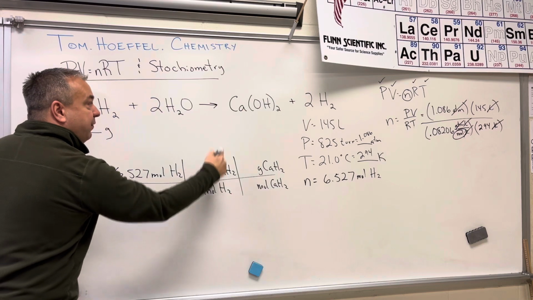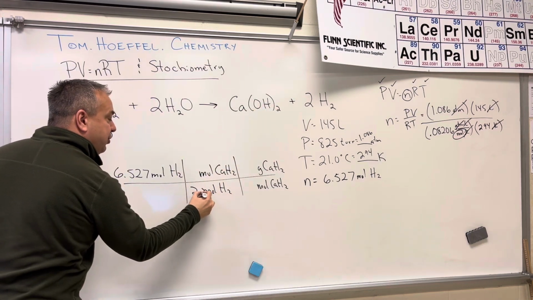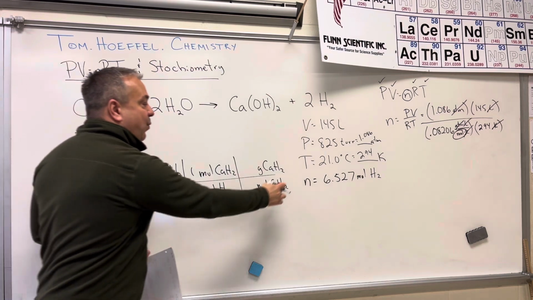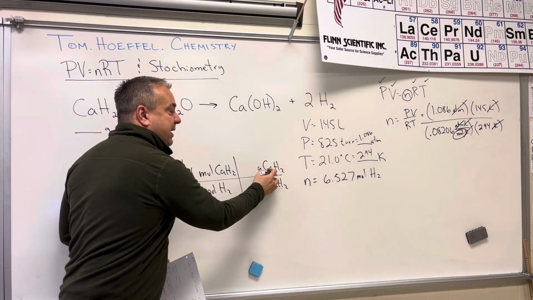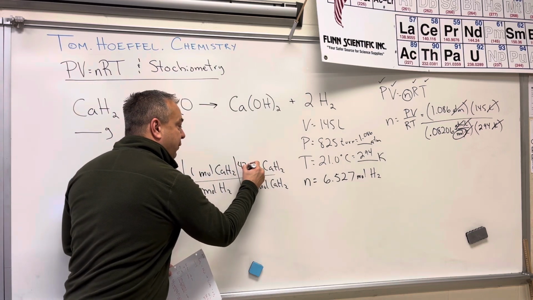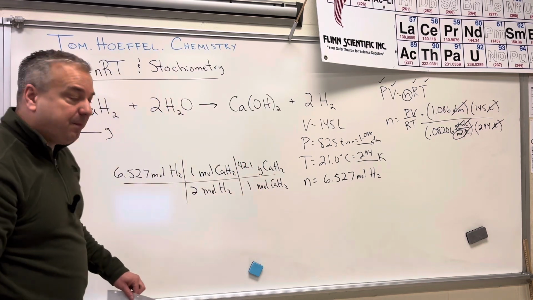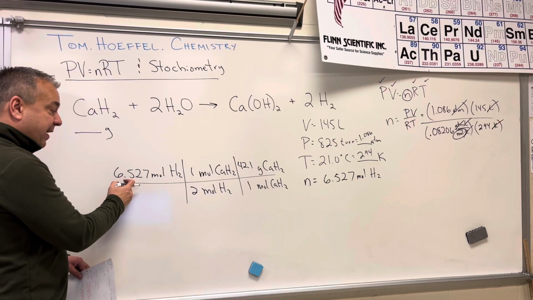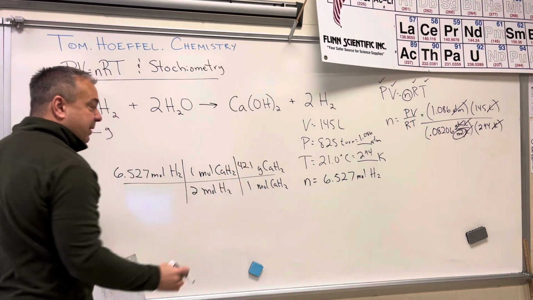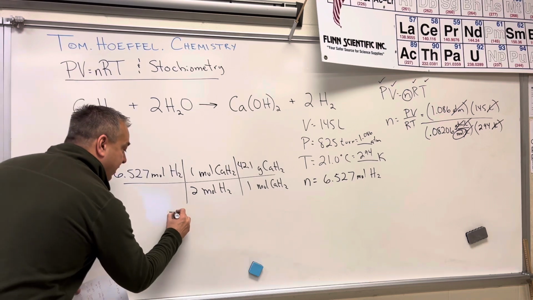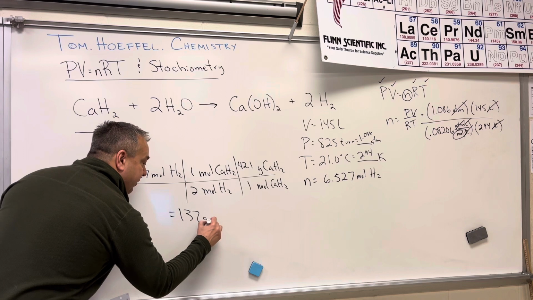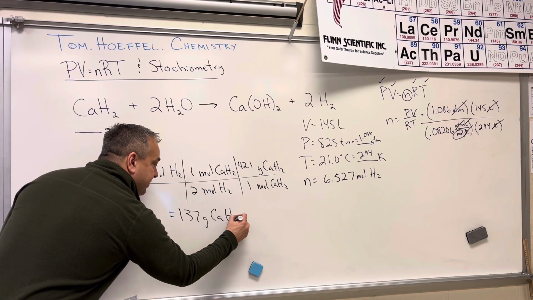The mole to mole conversion is 2 to 1, 2 for the hydrogen, 1 for the calcium hydride. And when I add up the molar mass of 1 calcium and 2 hydrogens, that comes out to a molar mass of 42.1 grams per mole. So if I take that 6.527 moles of hydrogen, divide by 2, and times by 42.1, I'll get my answer of 137 grams of the calcium hydride.